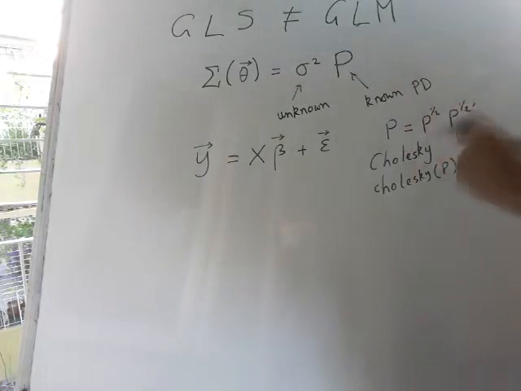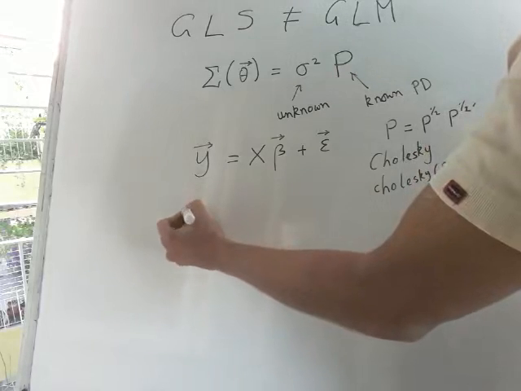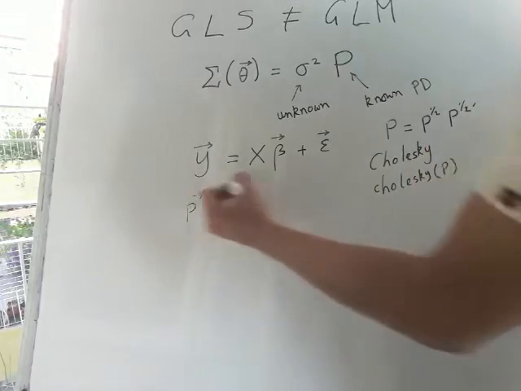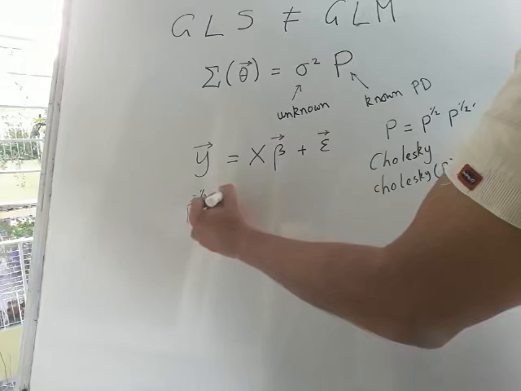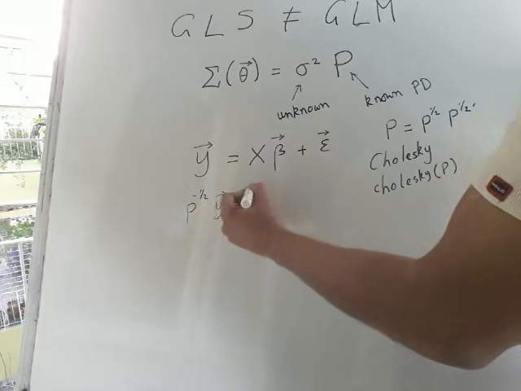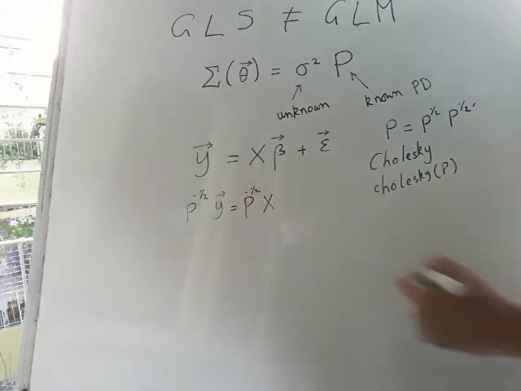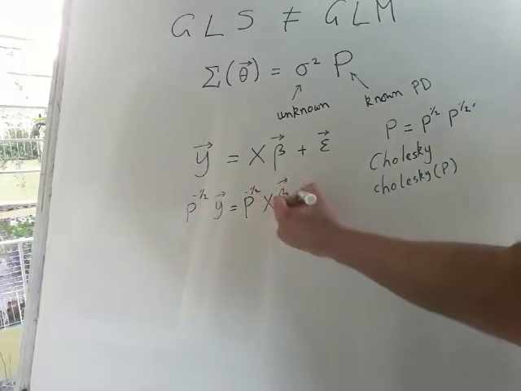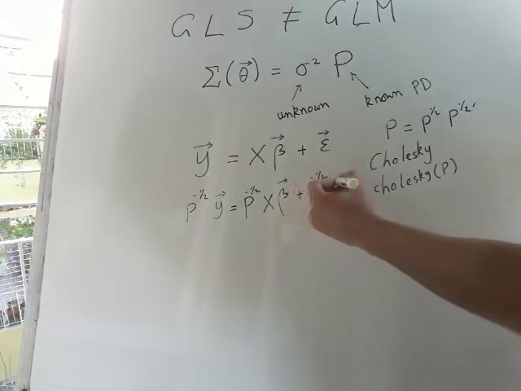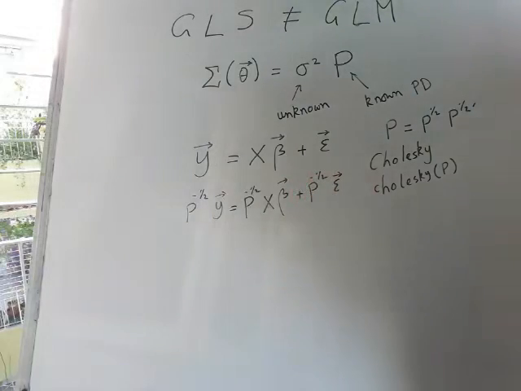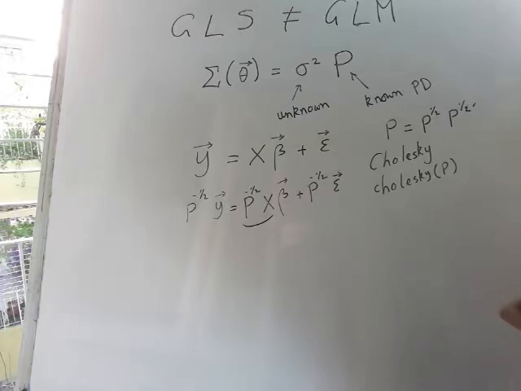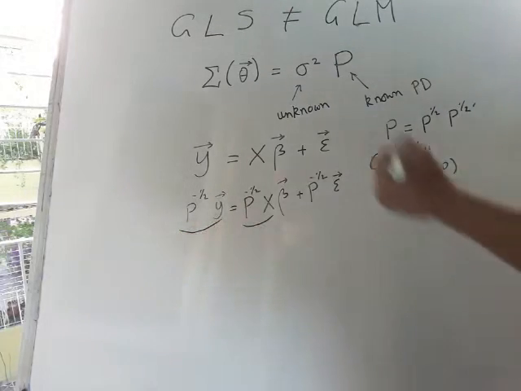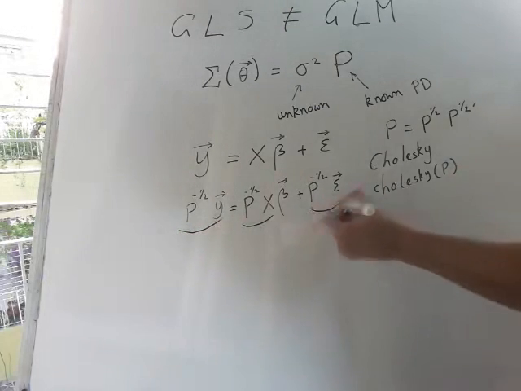Now once you get such a thing, you pre-multiply the entire thing by its inverse, P to the power minus half. So P to the power minus half y equals P to the power minus half X beta plus P to the power minus half epsilon. Remember, P is known, so you can consider this as your new design matrix, this as your new data, and this as your new error.